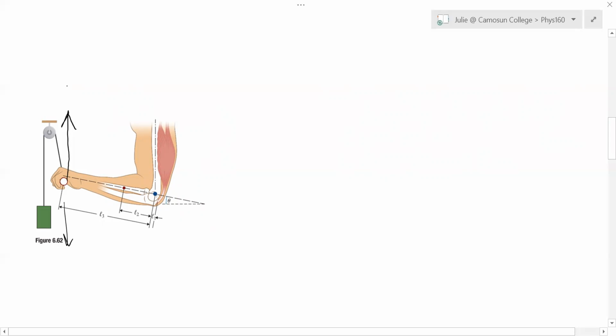Let's see, what's the question say? Yeah, so we want the tricep muscle, and it tells you the weight of this mass. So this is the FG of the mass, and the force on your arm is up. So this is the force of the mass is up on your hand.